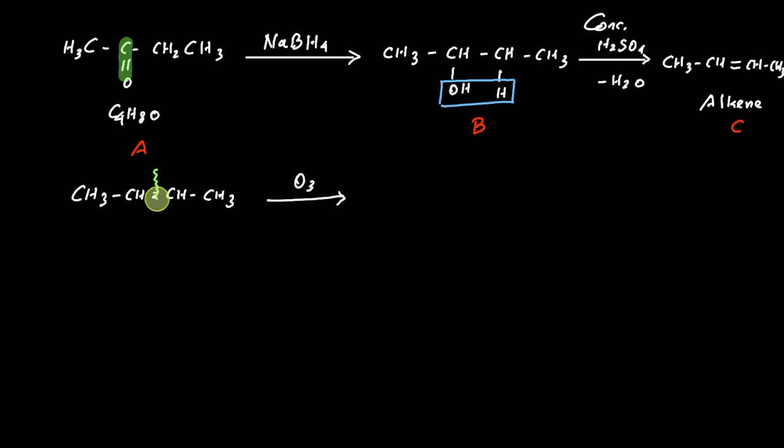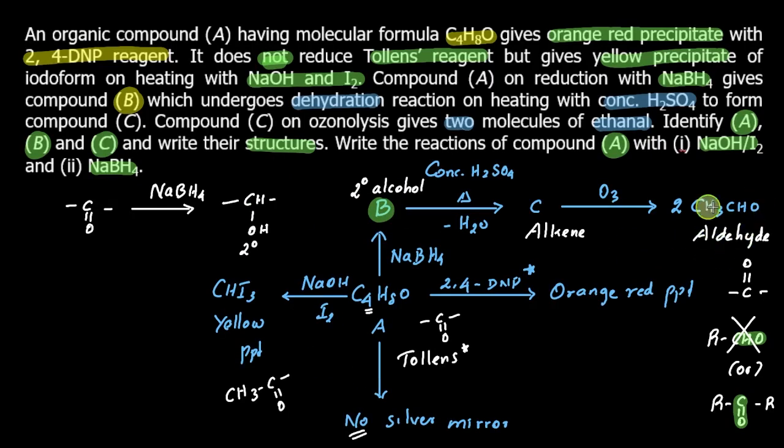You break where you have the double bond and then add oxygen to one side and oxygen to the other side. Here you will be getting CH3CHO, CH3CHO. You will be getting 2 molecules of ethanal. Now this is the aldehyde you are getting when C is treated with ozone.